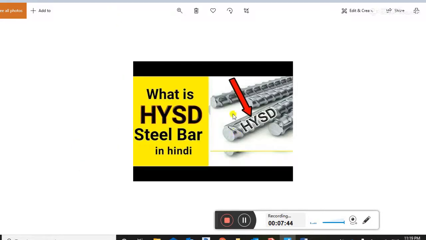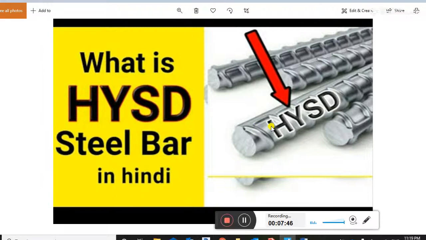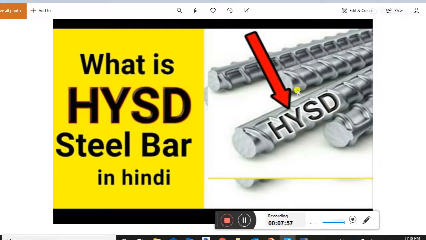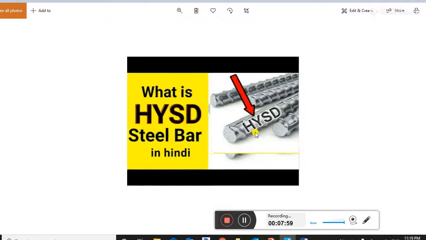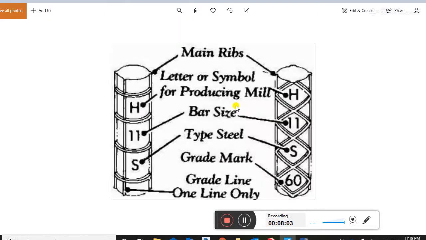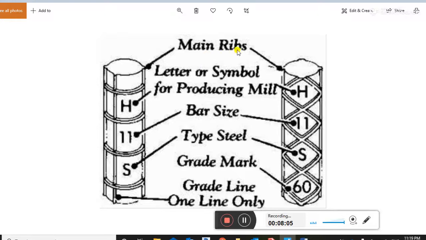Next, guys, what is HYSD? HYSD steel bar denotes high yield strength. You can see these are the main ribs around the rebars.